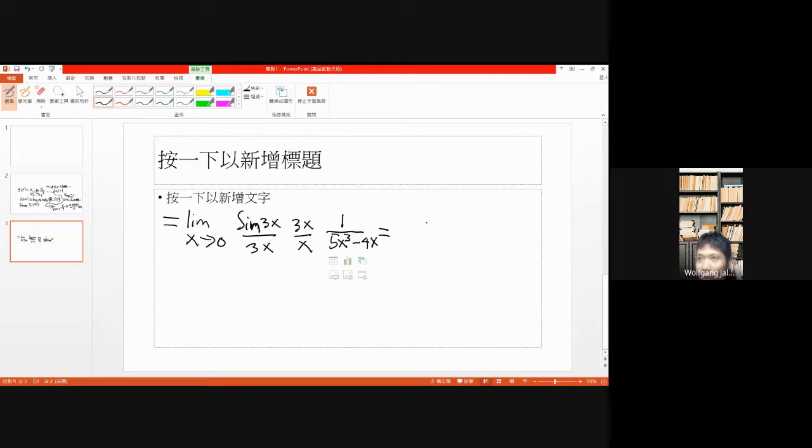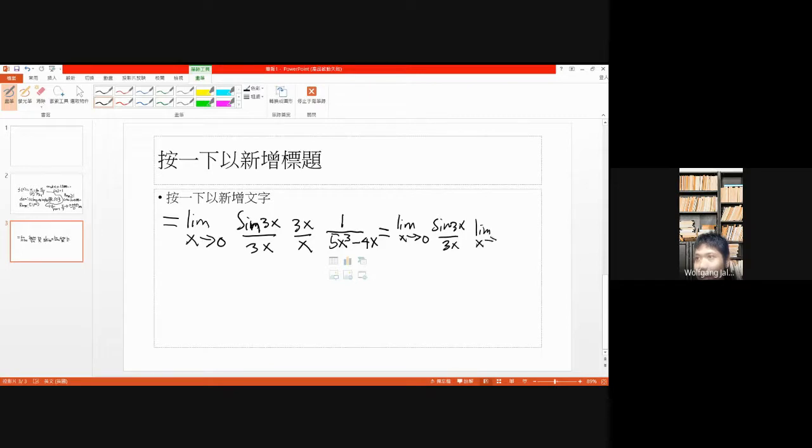So this one will be equal to, I forget what's the name of the properties, but sine 3x over 3x limit.